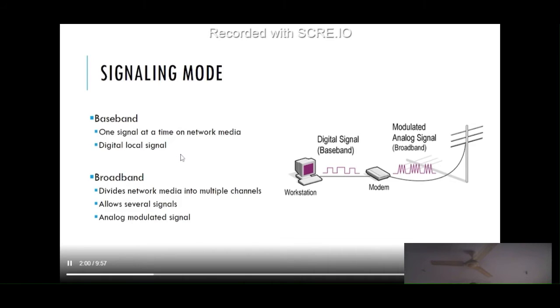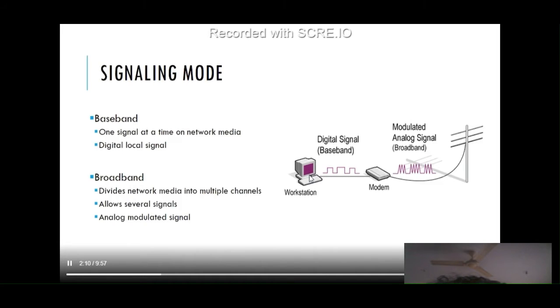and signaling mode. Baseband signaling mode means one signal at a time on the network media, and digital signals. Here we can see digital signal baseband and modulated analog signal broadband.